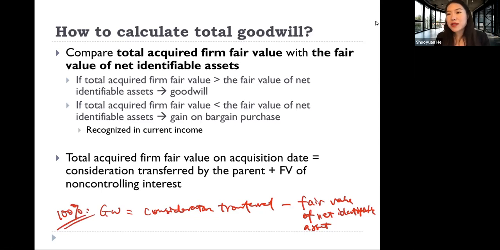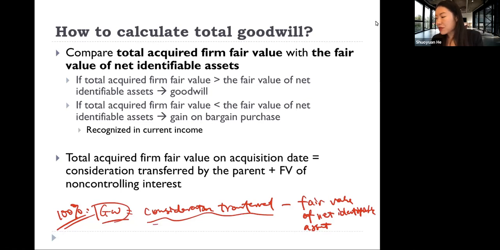Now the parent pays some consideration transferred, either in cash or stocks, and is only obtaining, for example, 80% of the subsidiary. How do I identify the total goodwill in this situation?